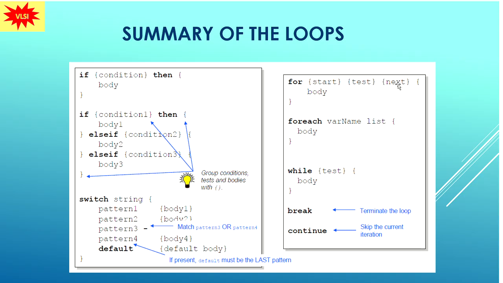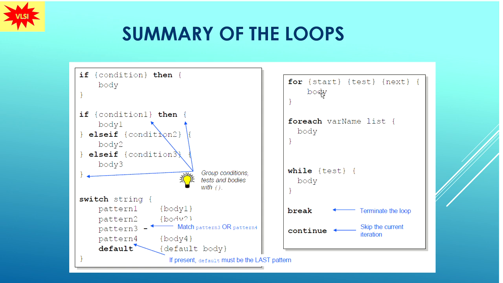Then you can write the end condition here. So when I is lesser than or equal to 10, so from 0 to 10, this particular body will be executed.